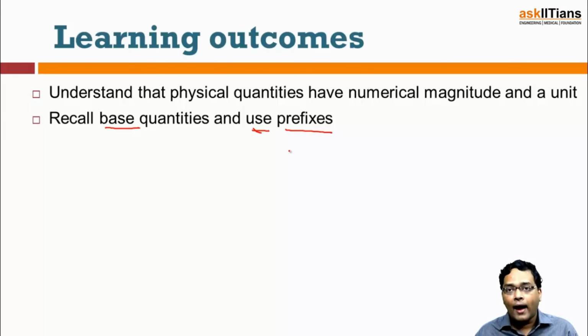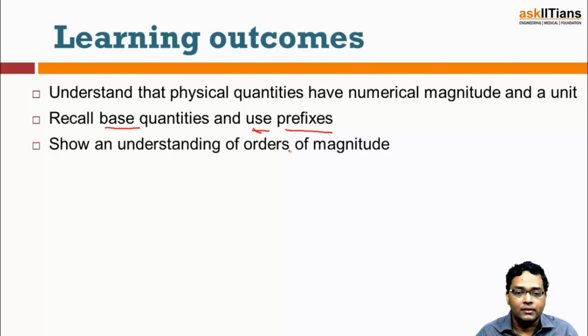Now supposing you have defined a base quantity, but that base quantity is very small in terms of magnitude as compared to any other quantity that you are measuring. Obviously, you cannot keep on writing down 0, 0, 0, 0, and so on and so forth. So therefore, you have to use some prefixes or suffixes so as to help you in concising or compressing the denotation. So that is the usage of the base quantity and the prefixes.